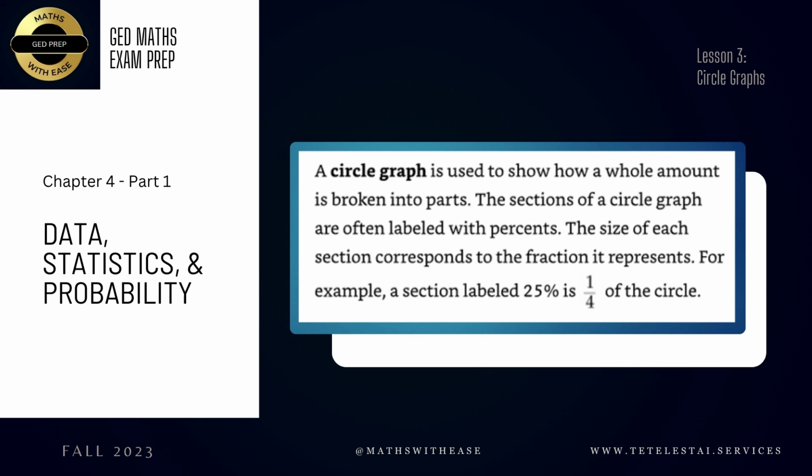Okay, and this is just telling you that if you saw a circle divided into 4, but only one of those 4 divisions is shaded in gray, that 1 out of 4 represents a quarter of the circle, but it also represents 25% of the circle, or 0.25 of the whole circle, okay?